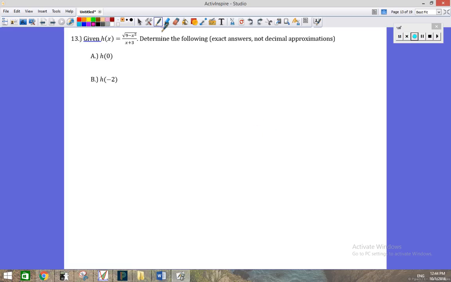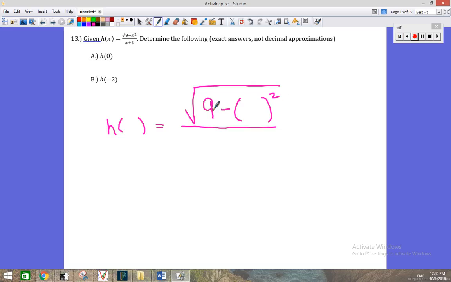All right, so here it's a substitution. If we evaluate this function for any input, this function h always creates a fraction. In the numerator, it takes the square root of 9 minus whatever number we give it. It's going to square it and subtract that from 9. In the denominator, it's going to add 3 and then divide the numerator by that.